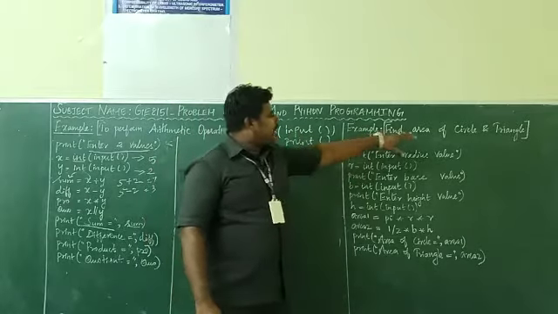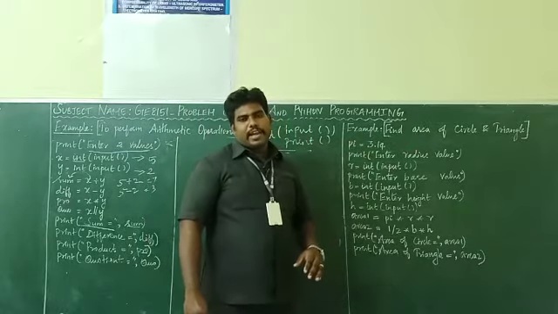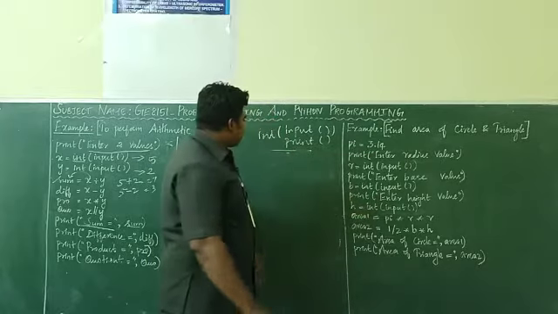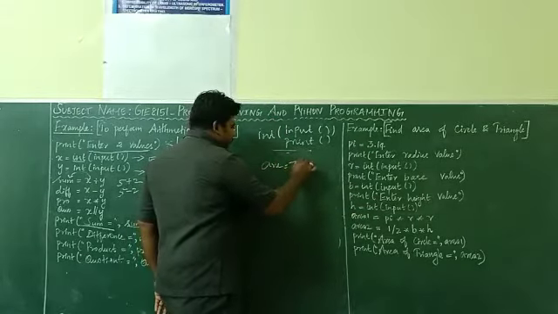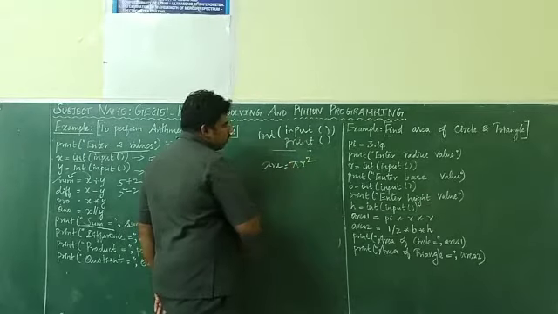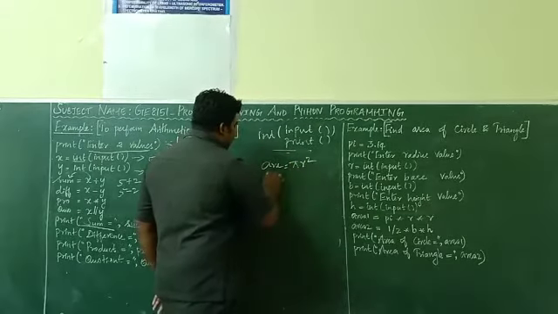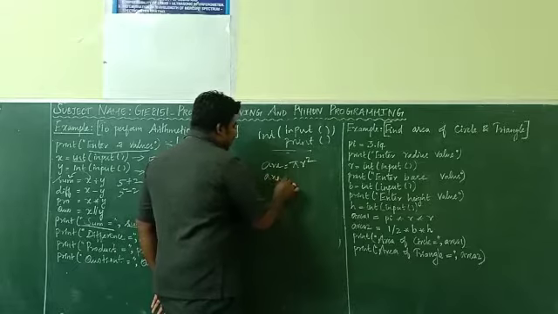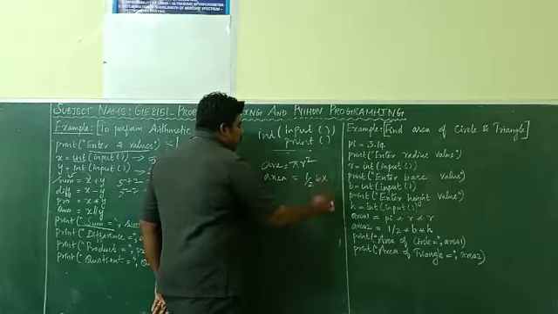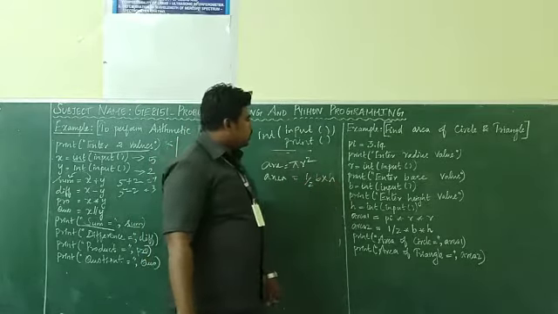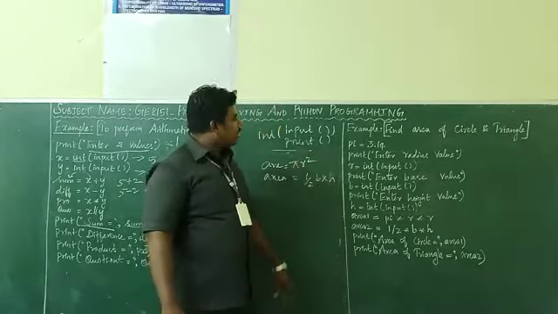So here, find the area of circle and triangle. What's the area of circle formula? Area of circle is pi r square. Then what's the area of triangle? Area of triangle is half of base into height.